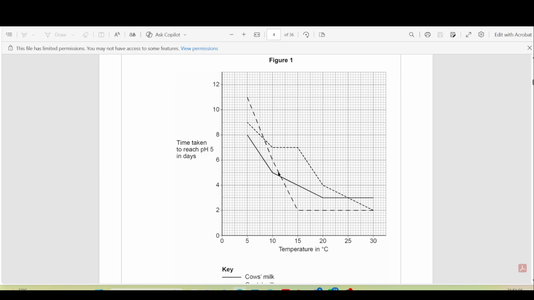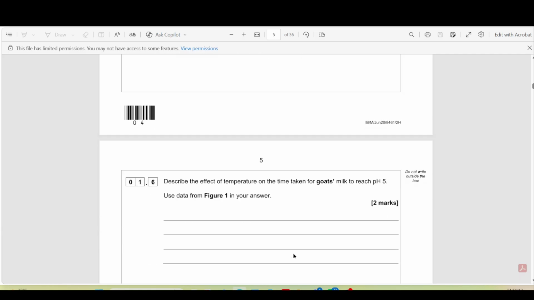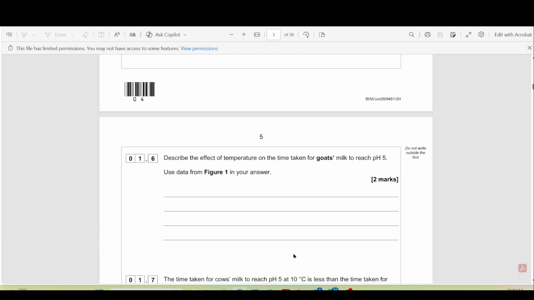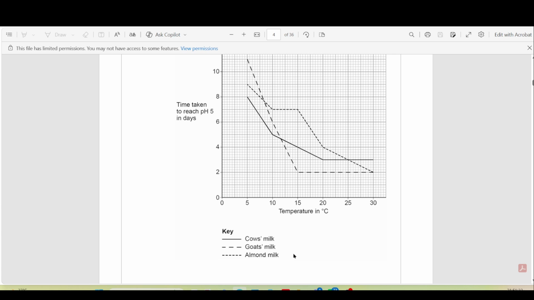This is pH 5. Describe the effect of temperature on the time taken for goat's milk to reach pH 5. Goat's milk is that one. So until 15 degrees, no, from 30 degrees.